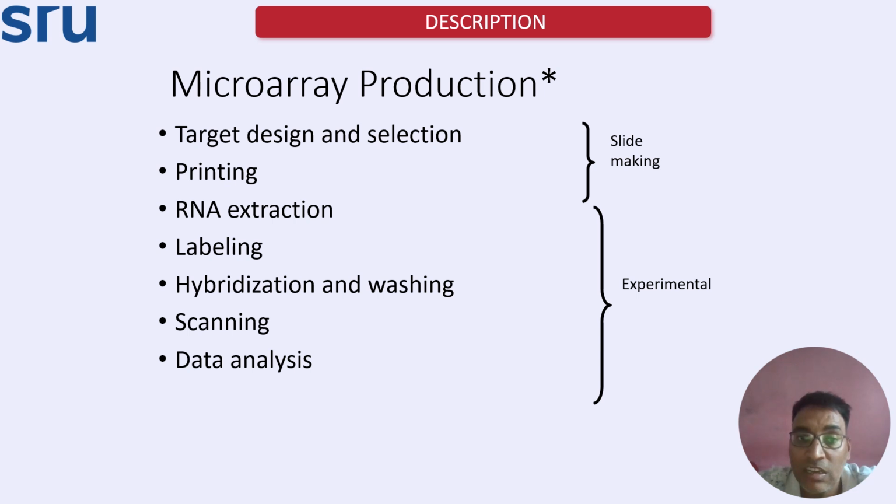First is the target design and selection. If I want to do the microarray analysis for a specific gene, that target gene I need to imprint on the microarray chip. So I need to put the complete set of target genes already imprinted there. That is the target design and selection.